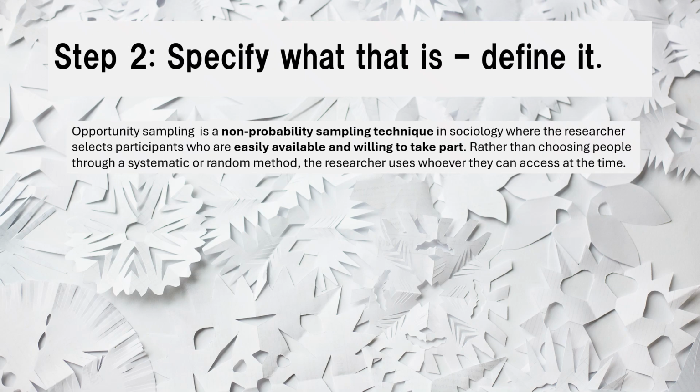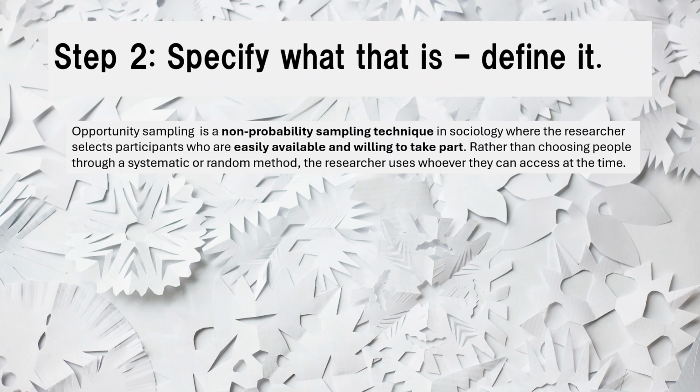Now you need to specify exactly what opportunity sampling is, and you need to use concepts here. So I've put opportunity sampling is a non-probability sampling technique, so that's a concept in sociology, where the researcher, so I'm now going to explain how it's done, selects participants who are easily available and willing to take part.